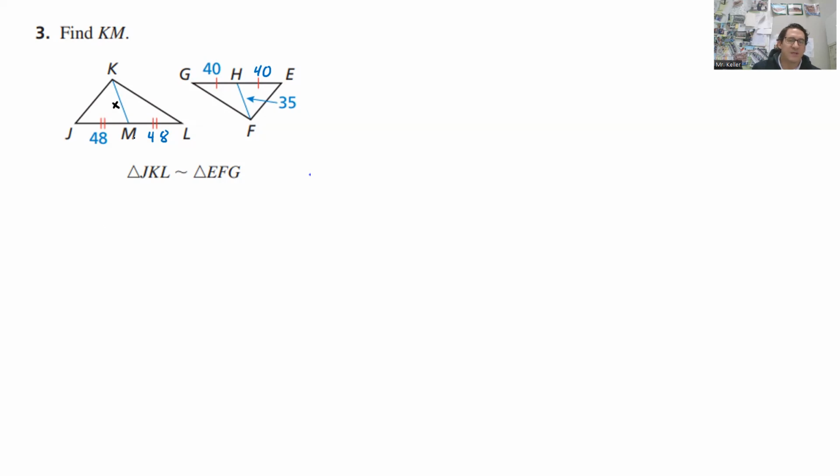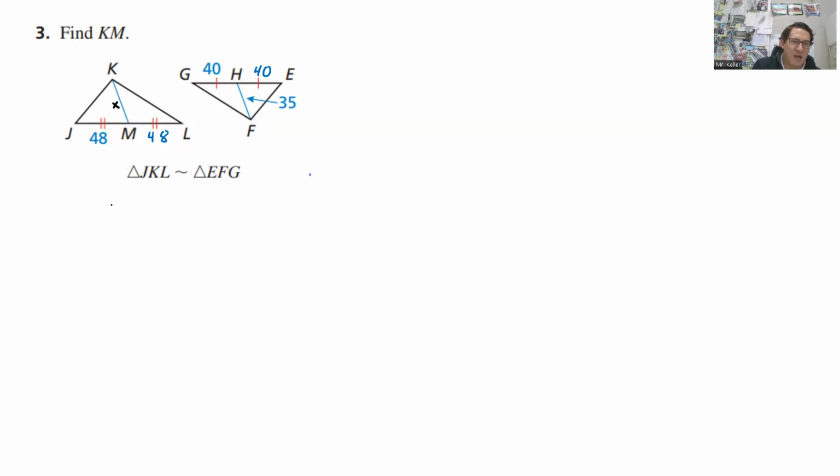What we can do, since it's cutting things in half, there's a couple different ways to go about it. We can see that KMJ would be similar to FHE. We could also, this is going to be proportional to this side here.